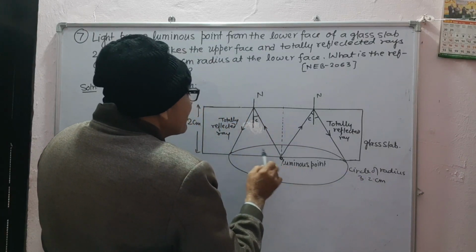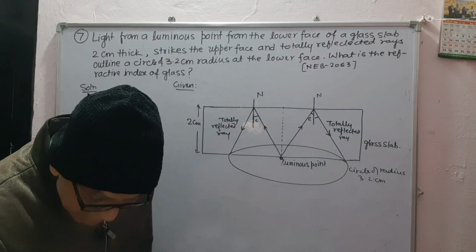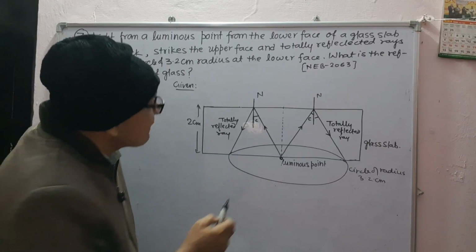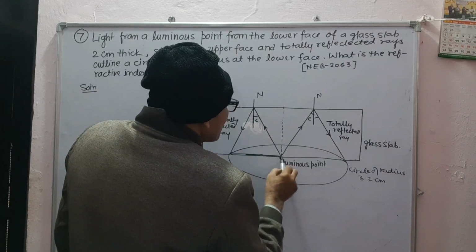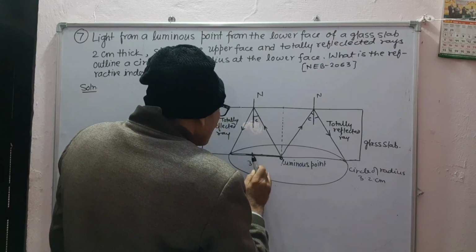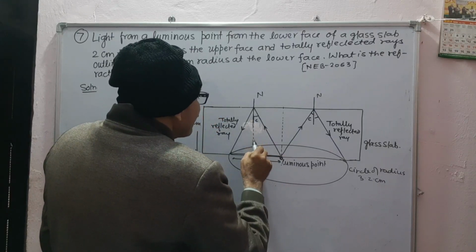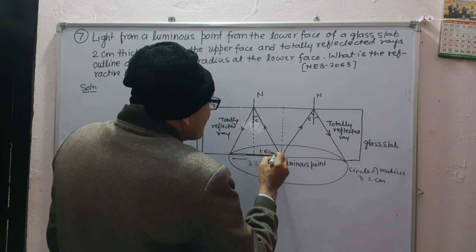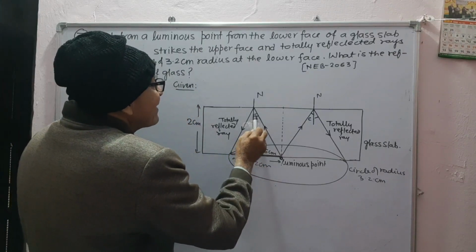This is 3.2 centimeter. Therefore, this will be 1.6 cm and 1.6 cm, the midpoint.